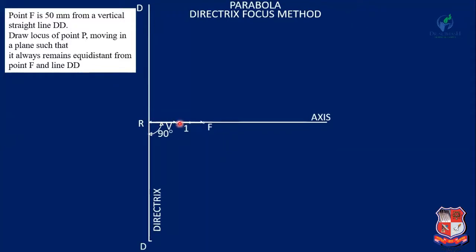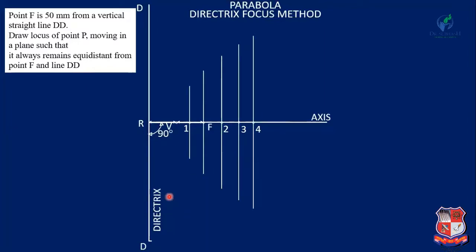Now from V, mark points at nearly equal distances: 1, 2, 3, 4. Now from 1, draw a vertical line which is perpendicular to the axis. Okay. Draw vertical lines from all the points 1, F, 2, 3 and 4.